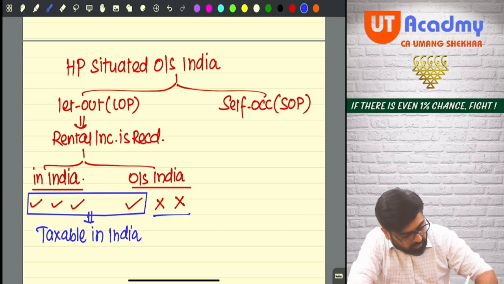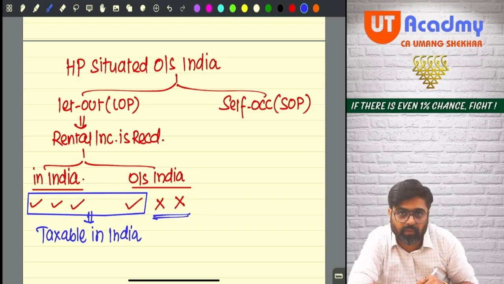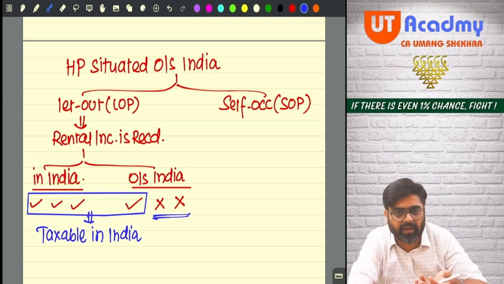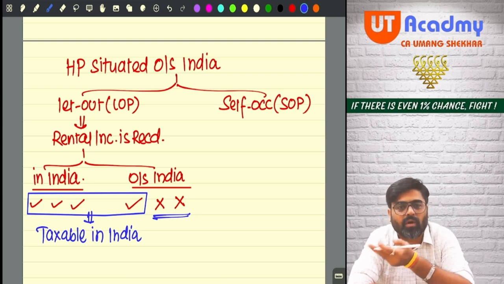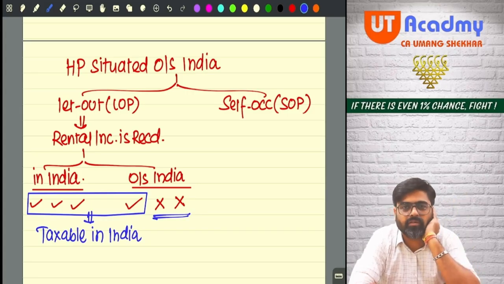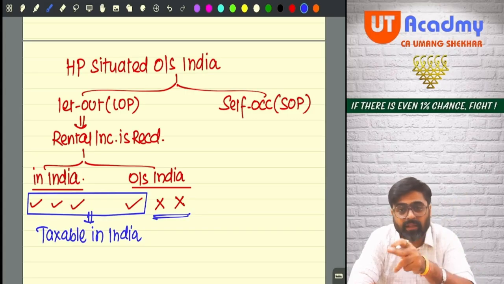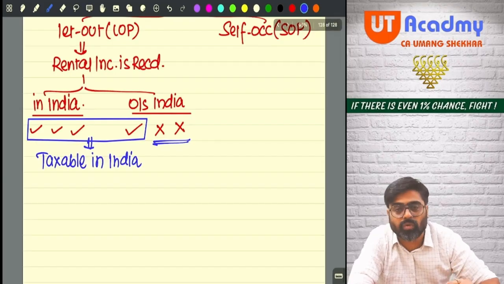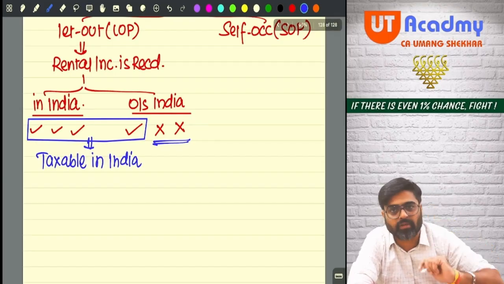In these two cases, we are supposed to ignore. If you are not receiving that rent in India and your status is RNOR or NR, forget about this case. But in these four cases, what you are supposed to do? That rental income you are supposed to tax in India, no?